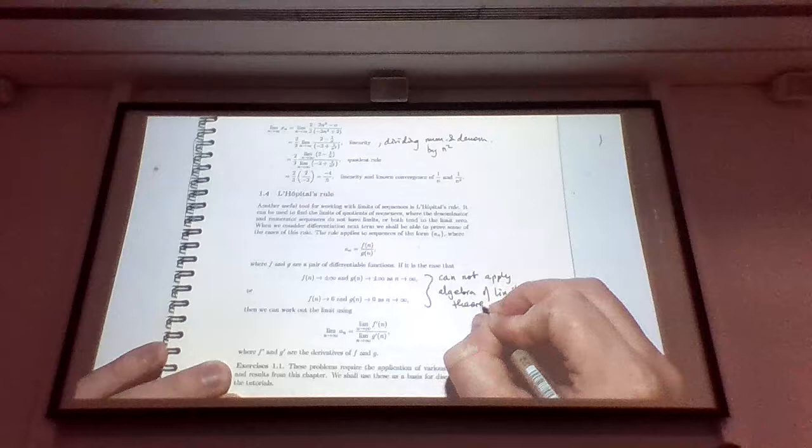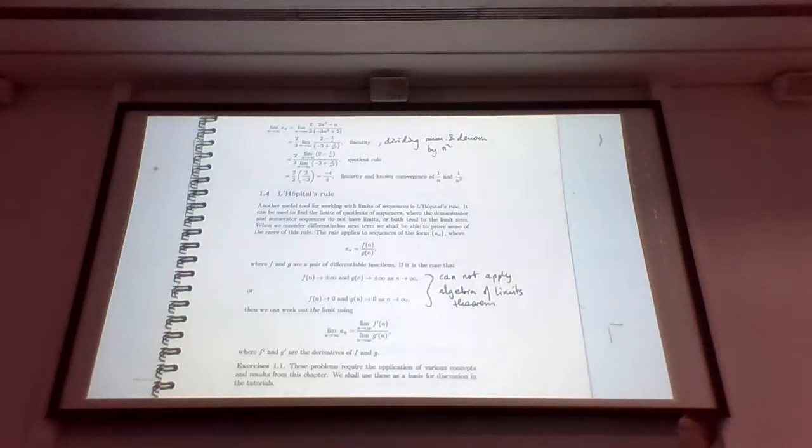And we can't say that the limit of a_n is infinity over infinity, or that the limit of a_n is 0 over 0, because those quantities are nonsense. It doesn't make any sense to divide infinity by infinity, or to divide 0 by 0. They're undefined things.